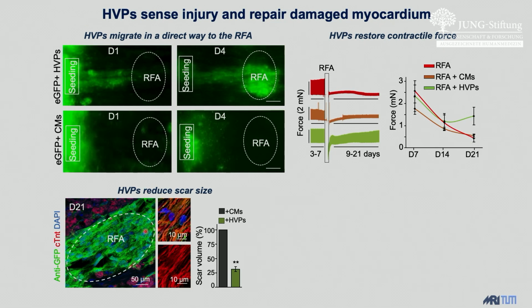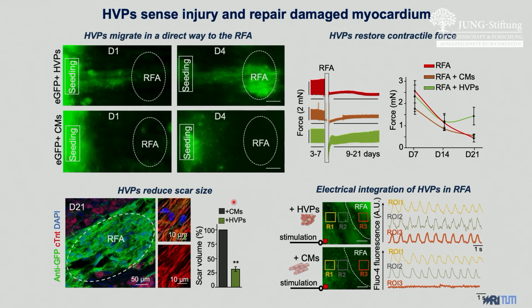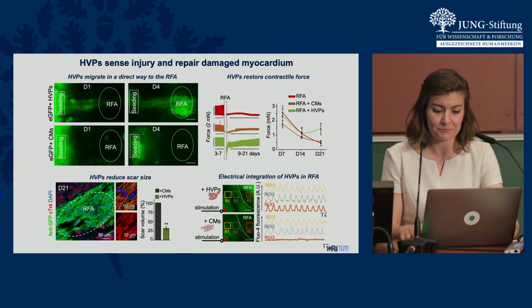As you can appreciate from these immunofluorescent pictures, they nicely aligned in this RFA injury and reduced scar volume. And most importantly, they were also able to integrate in this scar because we performed point stimulation and have seen a conduction throughout the whole tissue to this RFA injury exclusively in the presence of the progenitor cells.